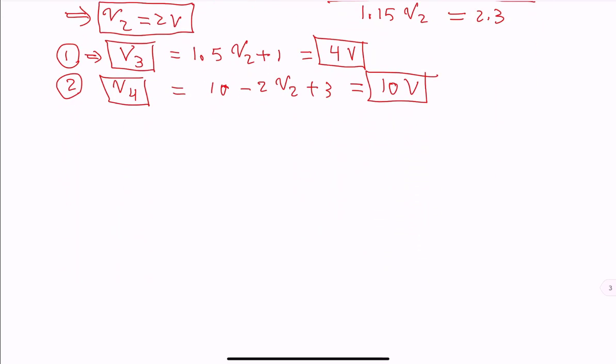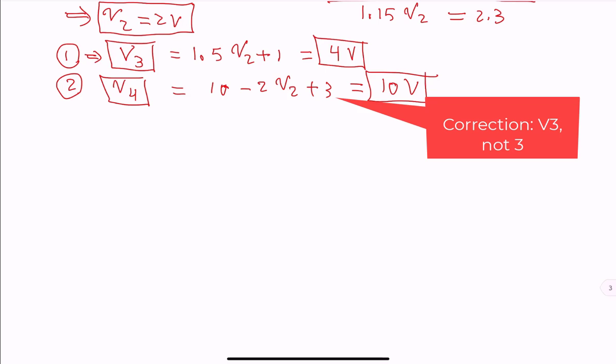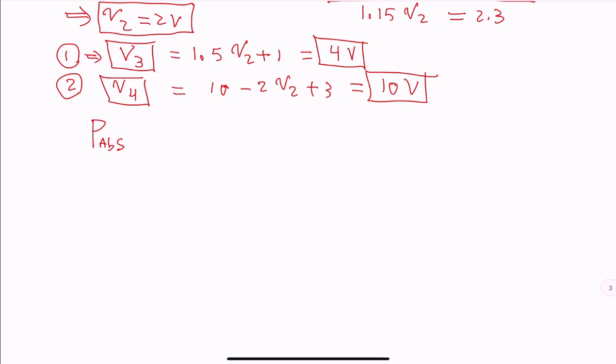The problem is asking for power. Again, we use passive sign convention, and power usually refers to power absorbed by the element.